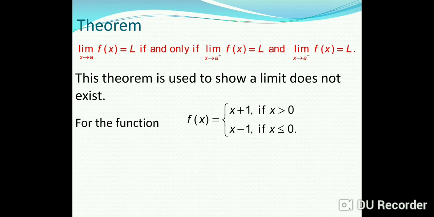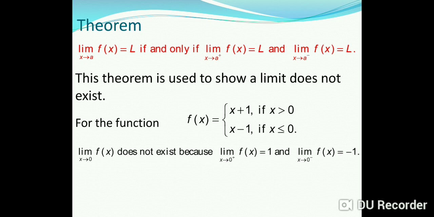For that, consider the example f(x) is equal to x plus 1 if x is greater than 0, and f(x) is equal to x minus 1 if x is less than or equal to 0.